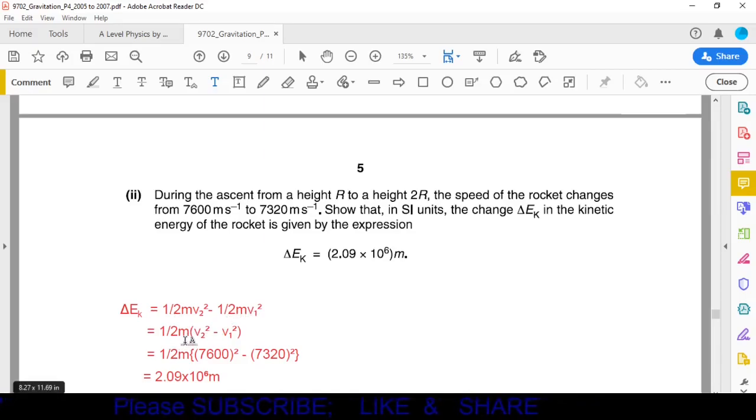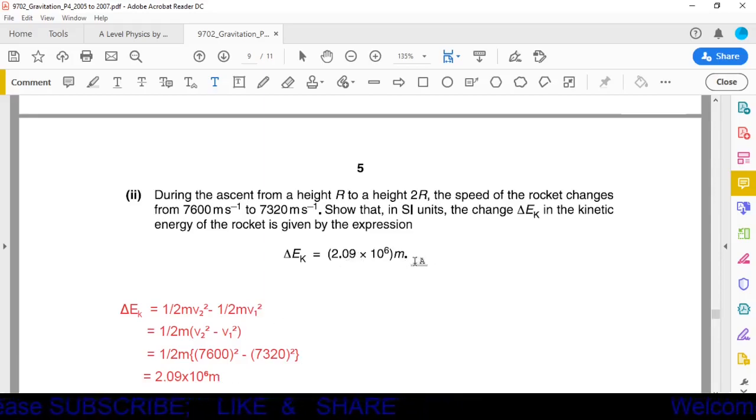This m, mass of the rocket, is not given, so we will write m as it is. This v2 is equal to 7600 and v1 is equal to 7320. We have substituted the values and we got the answer 2.09 into 10 power 6 m, where m is mass of the rocket, and the same equation we have derived.